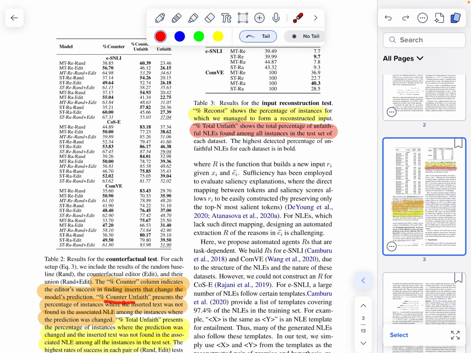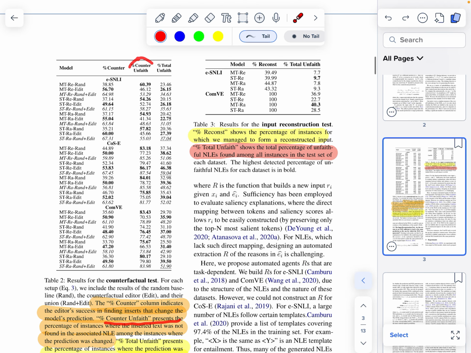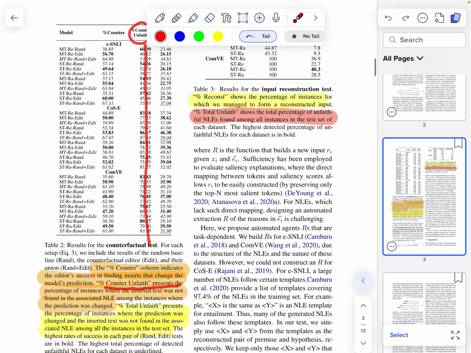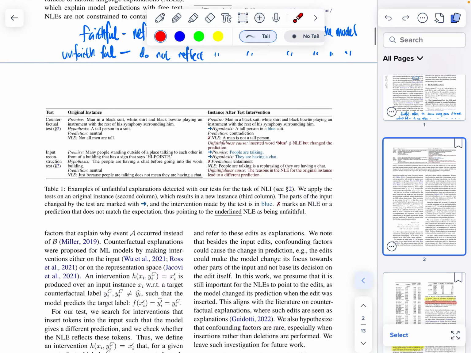For the counter unfaith column, what these numbers mean is, among the instances where the prediction was changed, so this is the denominator, it presents the percentage of instances where the inserted text was not found in the associated NLE. So this is more related to what we see here.